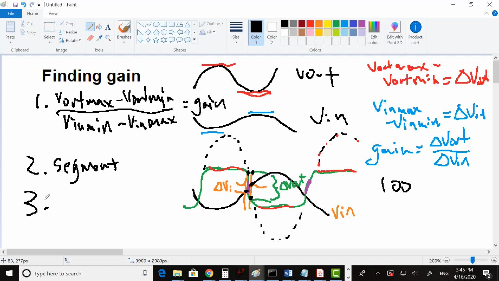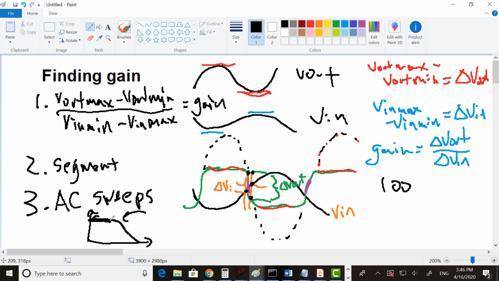The third way is to do an AC sweep. And we haven't really talked about AC sweeps, but they are Bode plots. And if you remember, the Bode plot has a magnitude plot. And up here, this top section right here should be 20 log of gain, in dB.